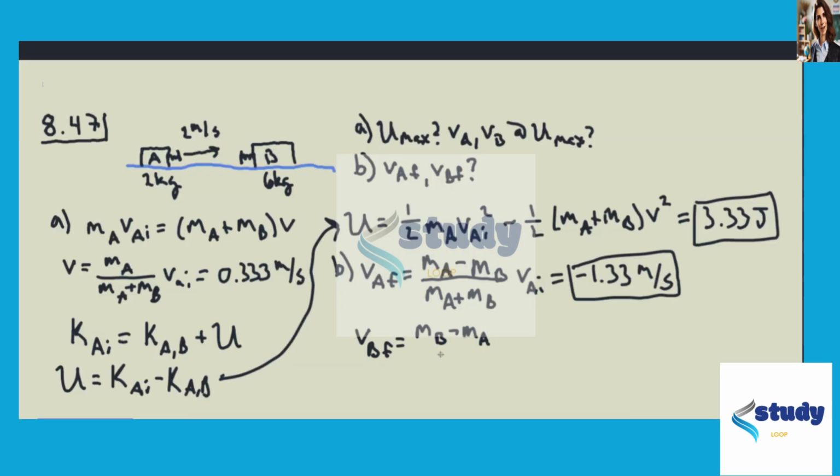Oh, no, I'm sorry, I was thinking of the wrong thing. This is 2 m_A over m_A plus m_B times the initial speed of A. And so this works out to 2/3 of a meter per second, or 0.667.